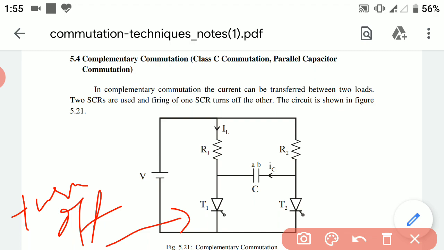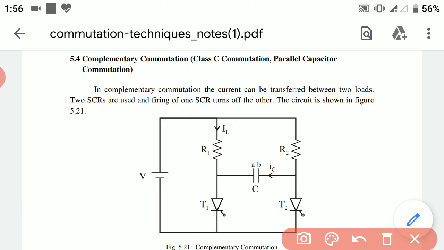At this instant, due to the positive polarity of capacitor C and also due to the battery, the thyristor T2 will be turned on. So due to the conductive mode of thyristor T2, the current now starts flowing through the resistor and through the capacitor and thyristor T2 like this.